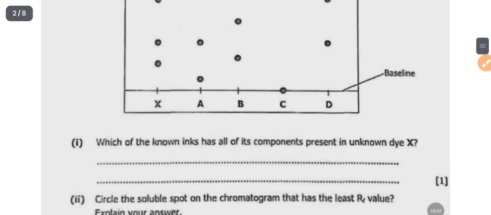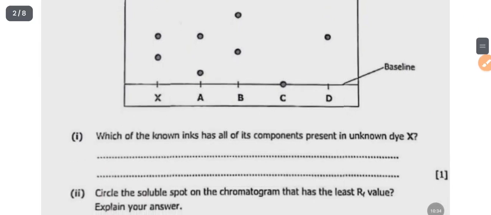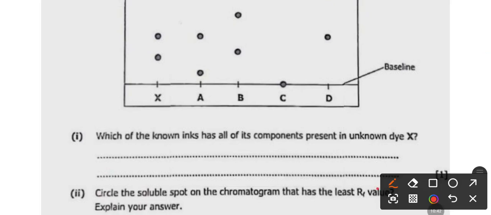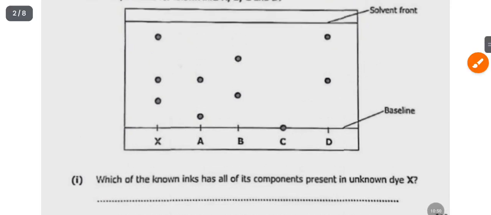Alright. Question 2. Circle the soluble spot on the chromatogram that has the least RF value and explain your answer. Alright. Here we should mark this decisive word, which is soluble spot. Okay.